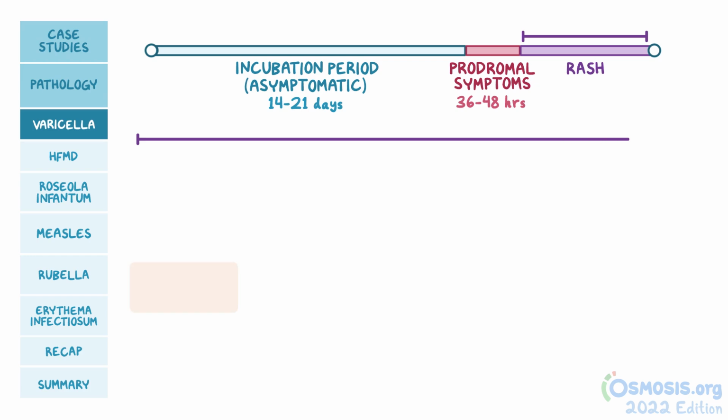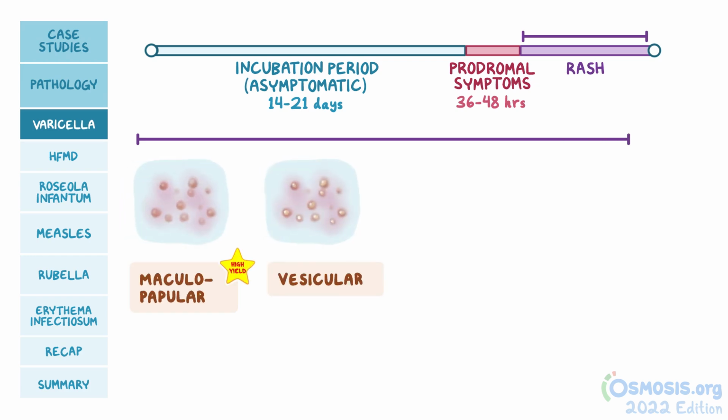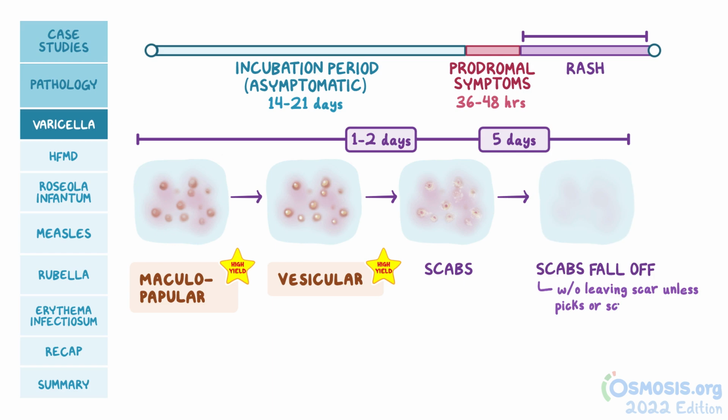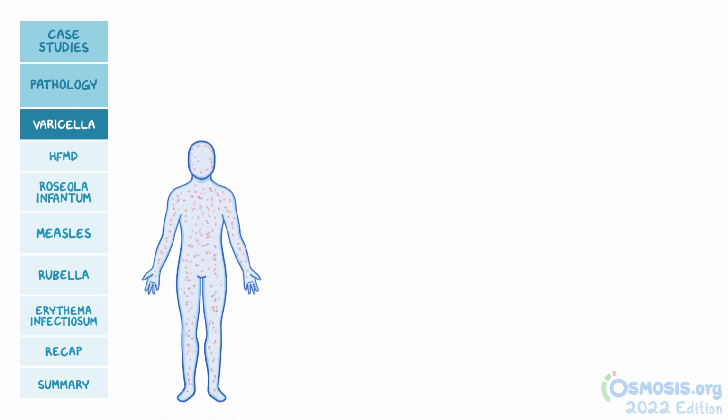At first, there's a maculopapular rash, which then evolves into a vesicular rash, where vesicles come up in groups or crops. Within 1 to 2 days, these vesicles begin to crust over and form scabs. After 5 days, the scabs fall off, typically without leaving a scar, unless these individuals pick or scratch their skin.